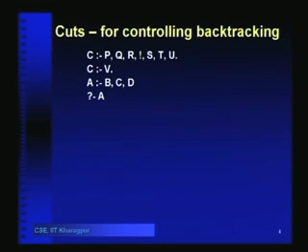Now, what this cut means is that once you are past this cut, if for those particular values of s, t and u you do not find a solution, you cannot backtrack and try another value of p, q, r. Which means if you do not find a solution for s, t and u with those values, then this whole rule will fail, and not only will that rule fail, this other rule C to V will also fail.